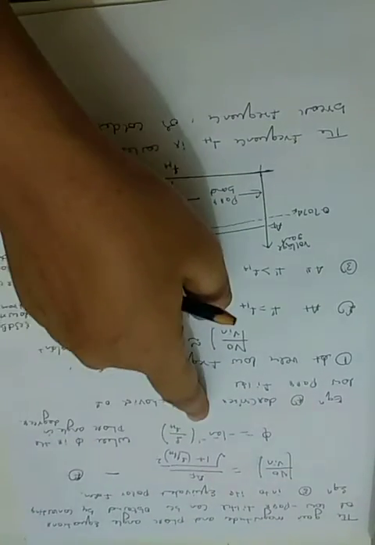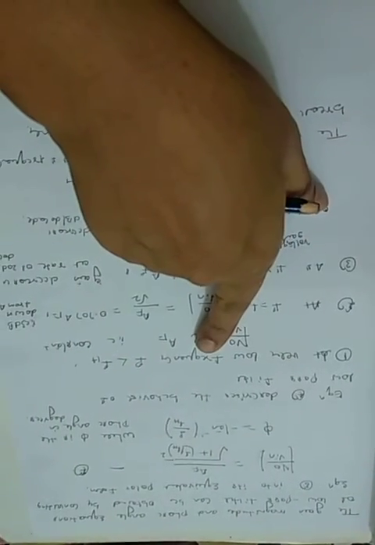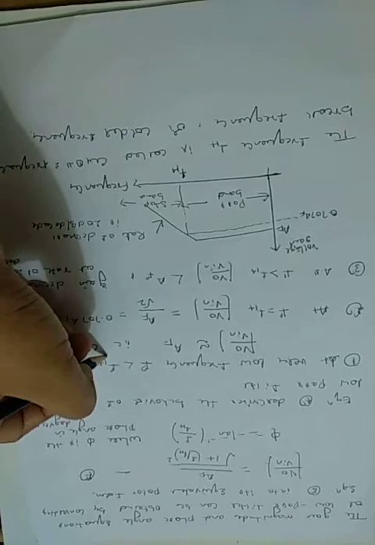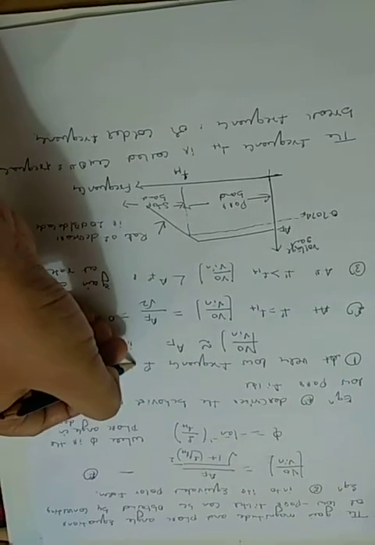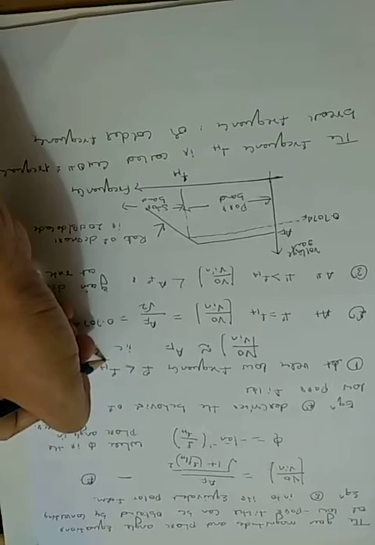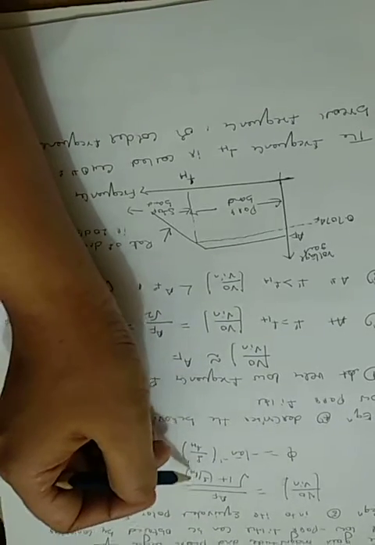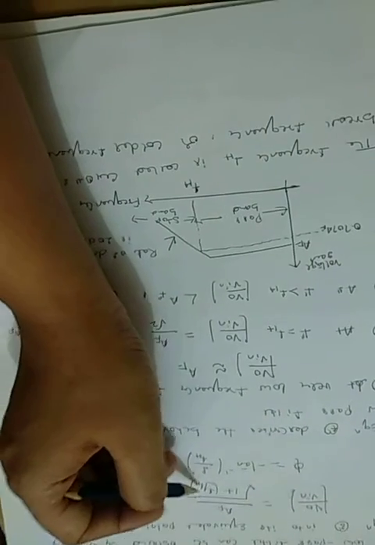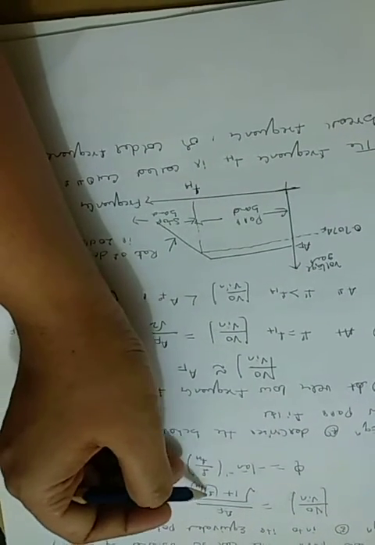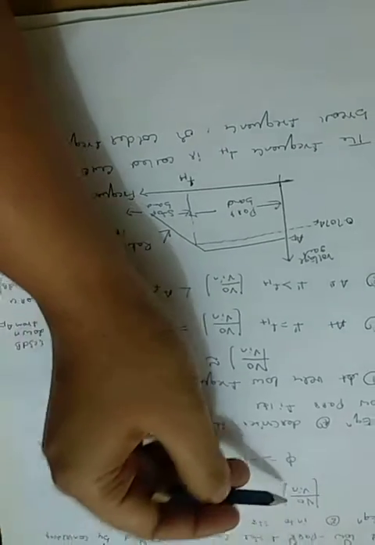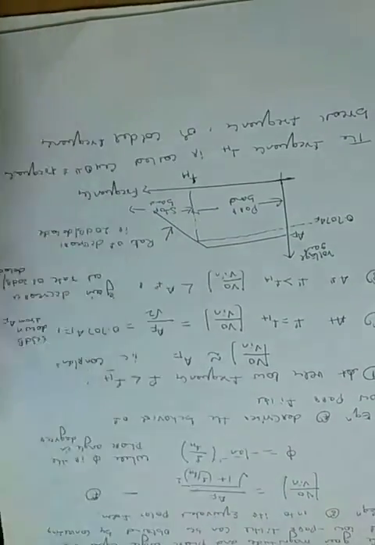So we can describe the behavior of the low pass filter using equation 4. At very low frequency, F is the operating frequency and FH is the cutoff frequency. When F is very much less than the higher cutoff frequency FH, this whole term becomes very small, so V naught by V in is equal to AF.